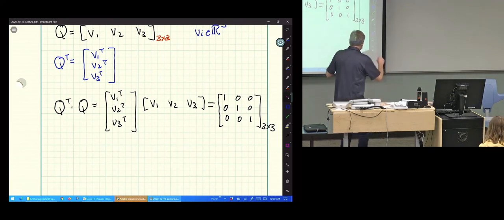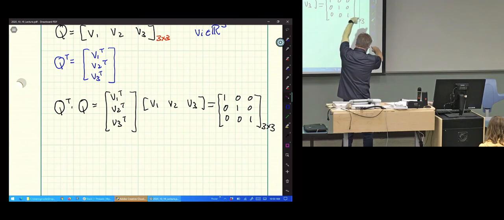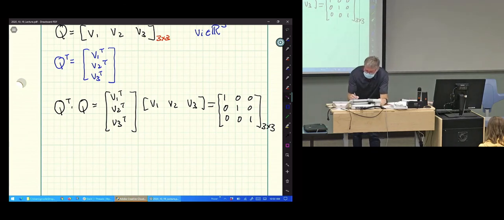If you use what's called the finger tracing method, where you take the rows times the column to get the ij entry, this entry is this vector times this vector, so it's a dot product of v1 with itself. This entry is v1 transpose times v2, so it's the dot product of v1 with v2. It's 0, means those vectors are orthogonal. And this entry is v1 transpose times v3, so it's the dot product of v1 and v3.